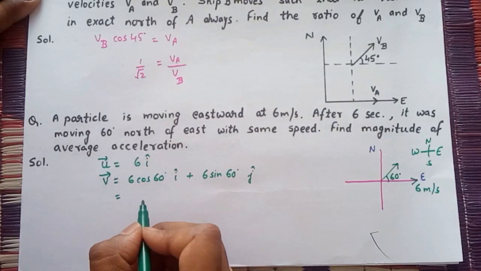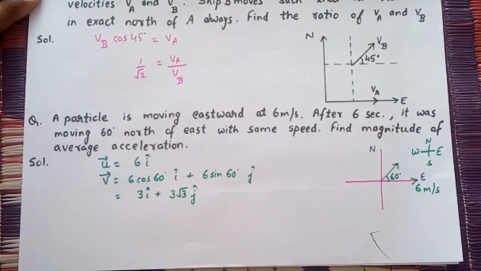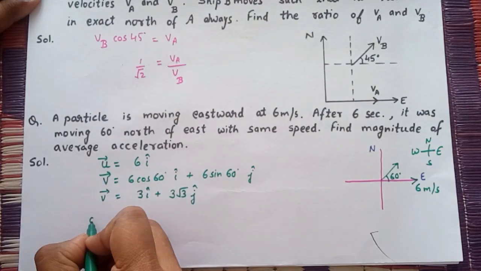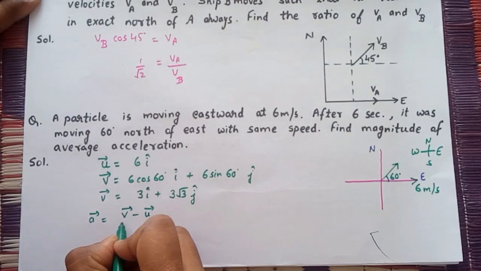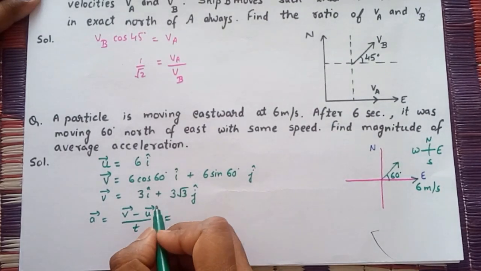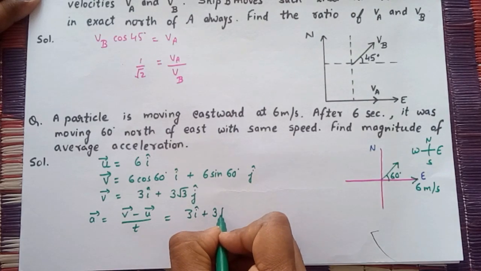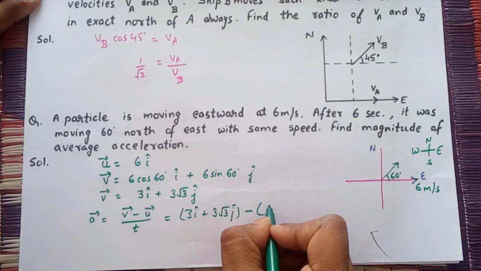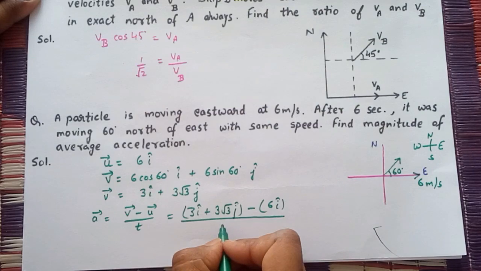I can simplify it as 3 i cap plus 3 root 3 j cap. Now the question is asking for average acceleration. Acceleration will be equal to final velocity minus initial velocity upon time. Final velocity is 3 i cap plus 3 root 3 j cap minus initial velocity 6 i cap, upon time 6.